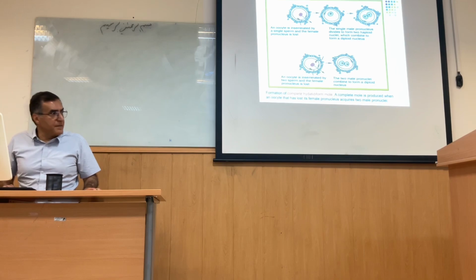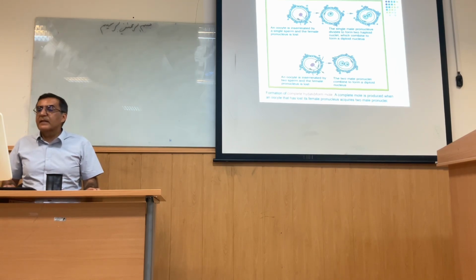Sometimes the sperm fertilizes the oocyte, but before the fertilization we lost the oocyte nucleus. And only the sperm remains, because the red color, the nucleus of the mother, is lost, and the sperm, the blue one, remains, and replication happens.